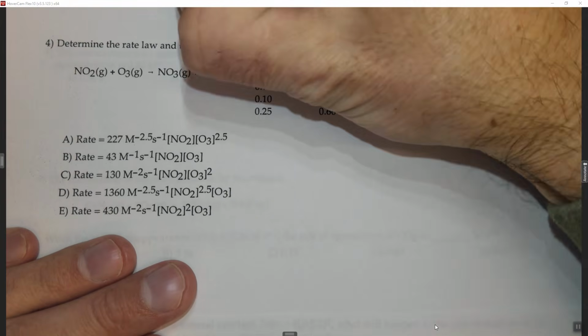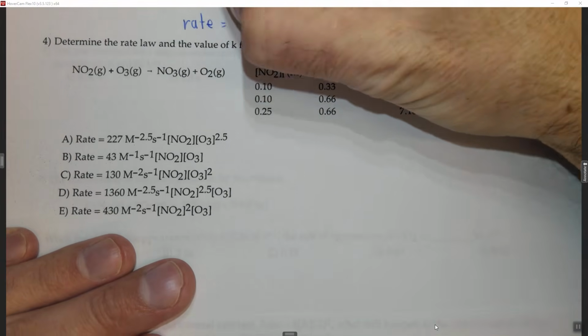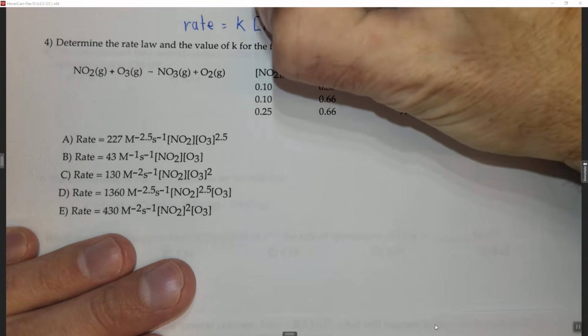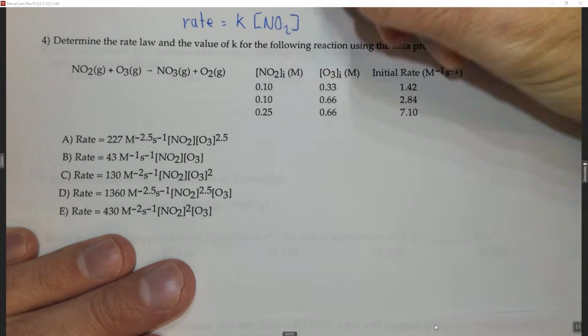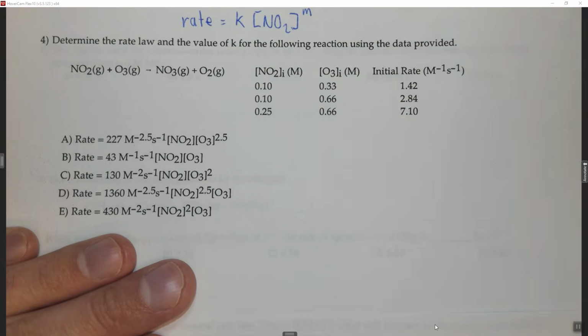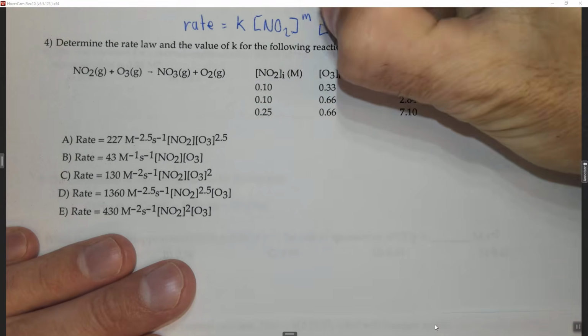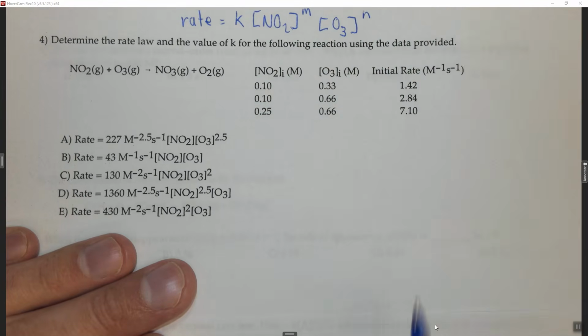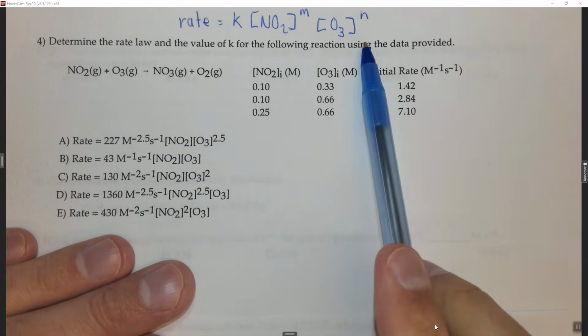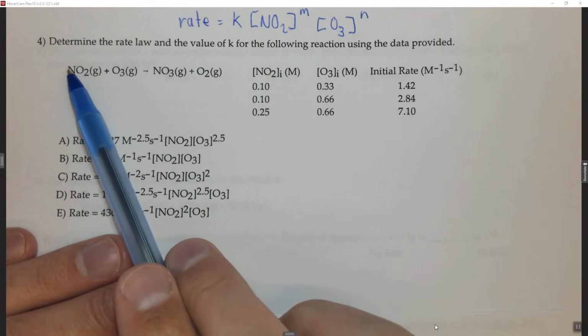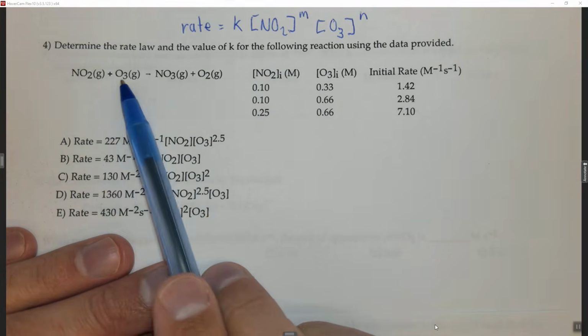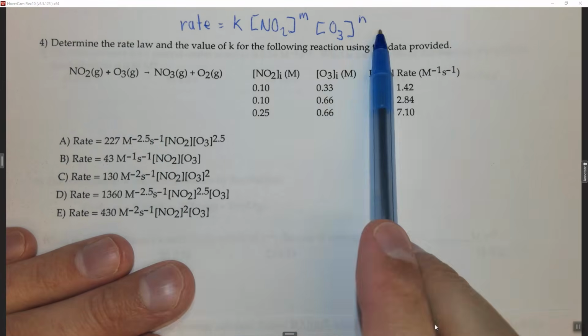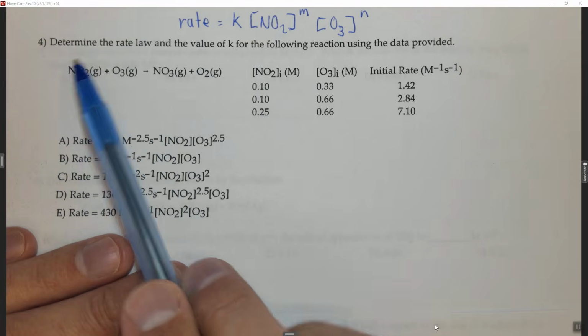So rate equals K, in this case, concentration of NO2 to some power, I'm going to call it M, concentration of O3, ozone, to the N. Okay, this is the general form of the rate law. You cannot assume that M is 1 and N is 1 just because there's one of these and one of these.